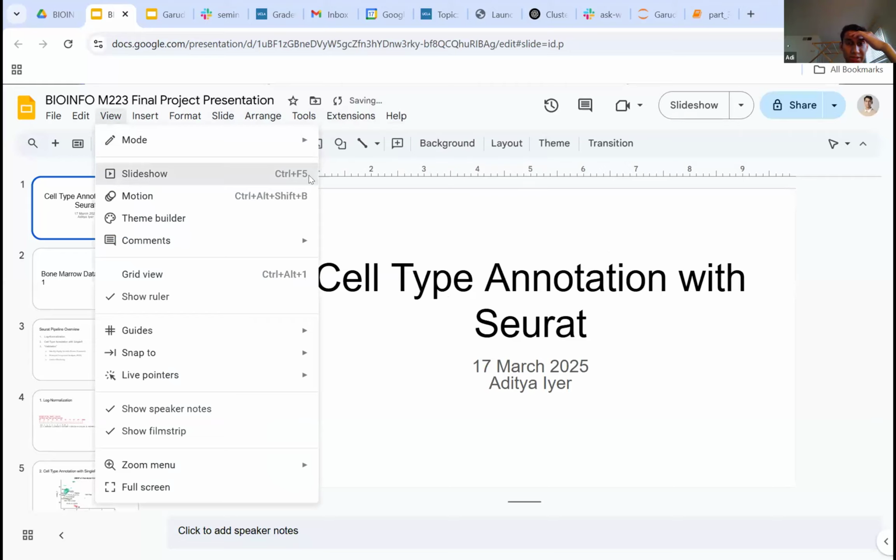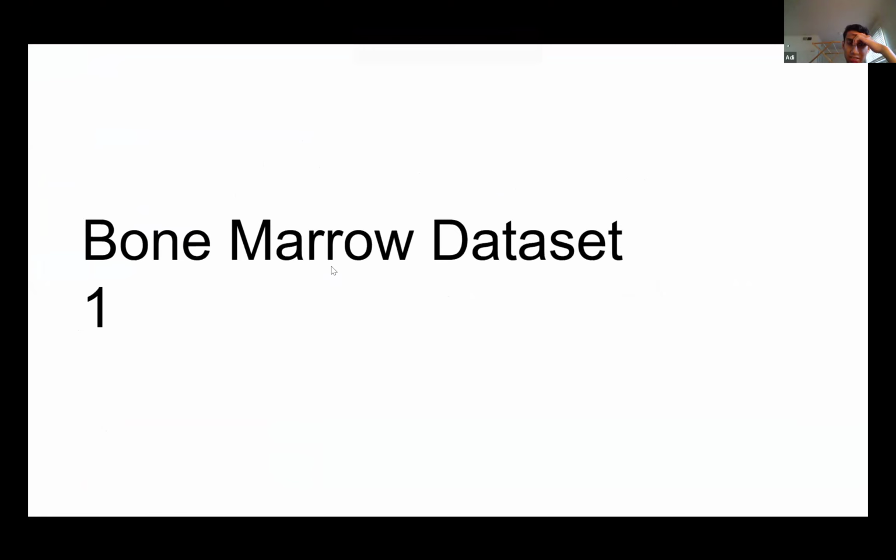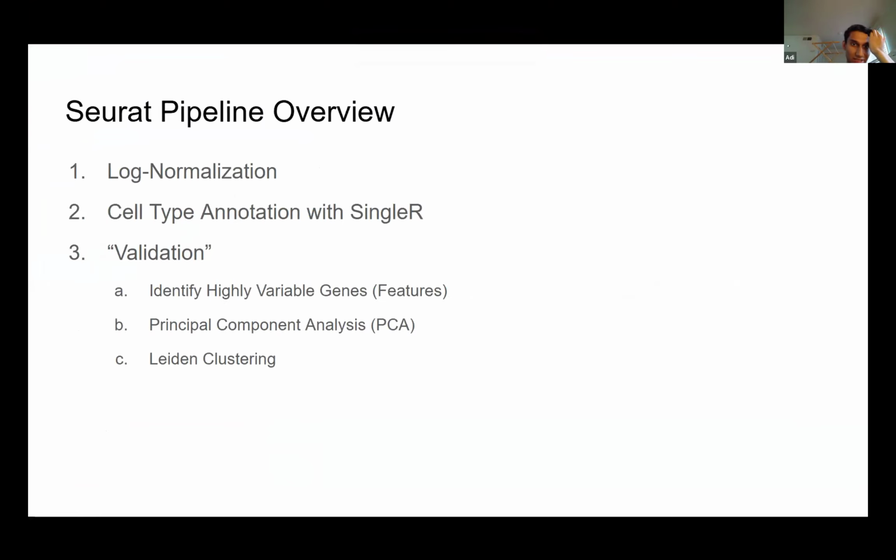So here's my presentation on cell type annotation with Seurat. I'm just restricting it to the bone marrow data sets here for the sake of time, and I feel these are more complex and capture the essence of what I'm doing. There's a pipeline that I'm using, which is based on Seurat.